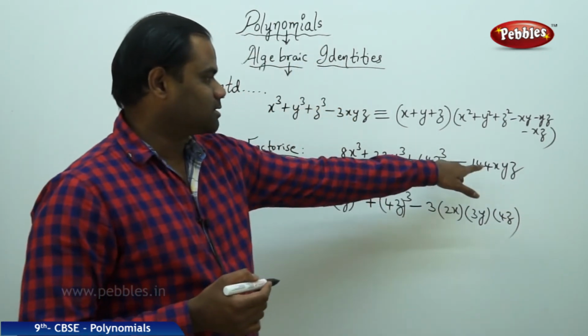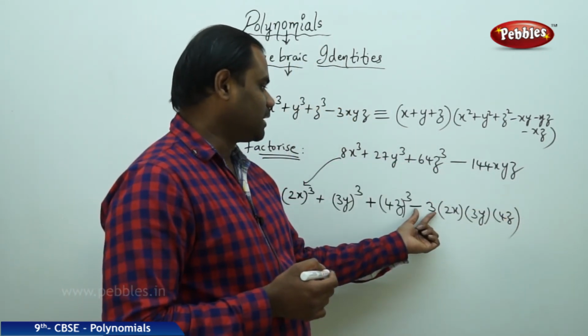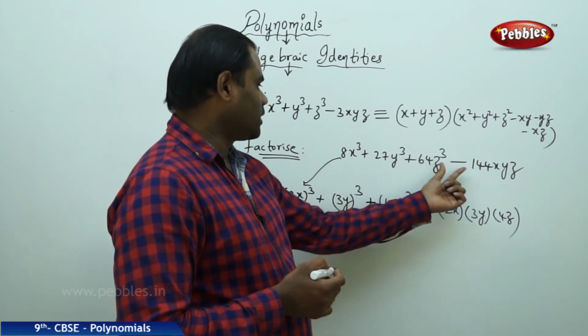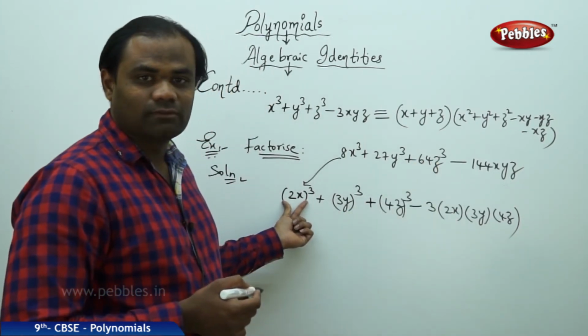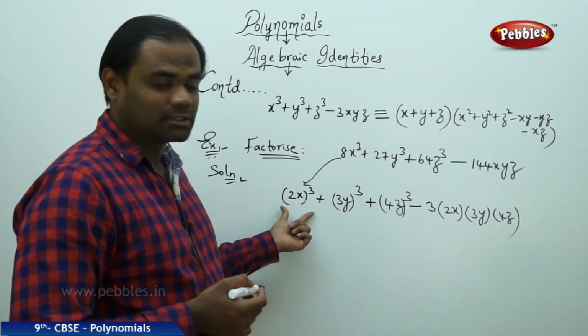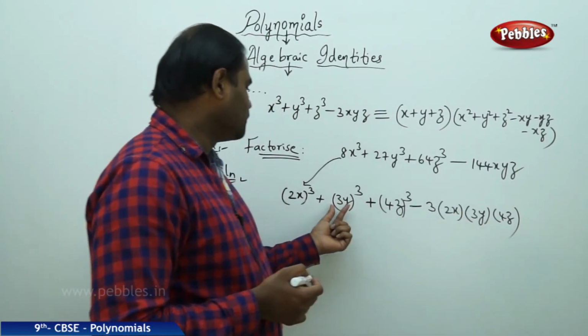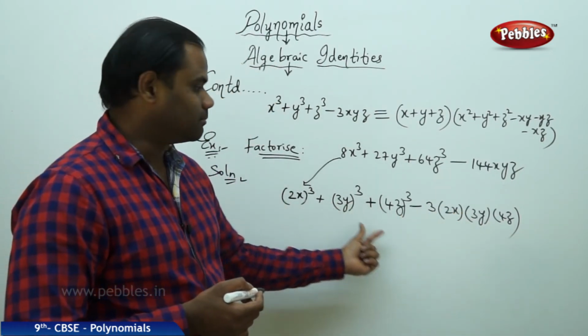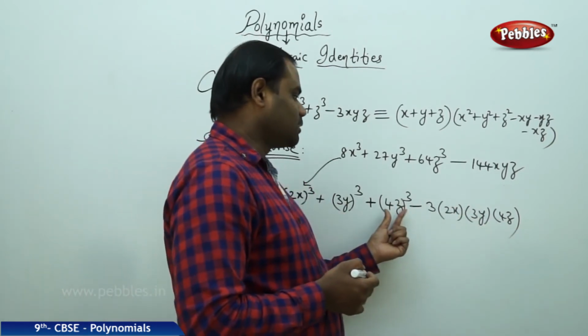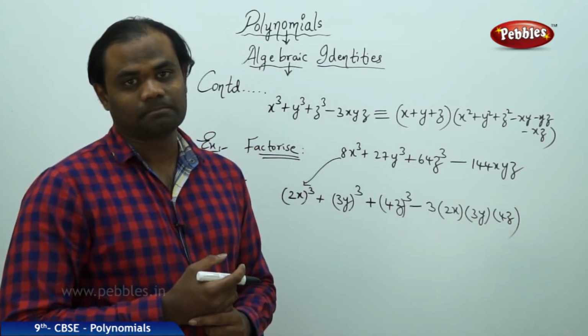I can split this 144xyz as 3 times 2x, which is the first term inside the cube of the first term, and then 3y, and 4z, which are inside the cubes of the second and third terms.